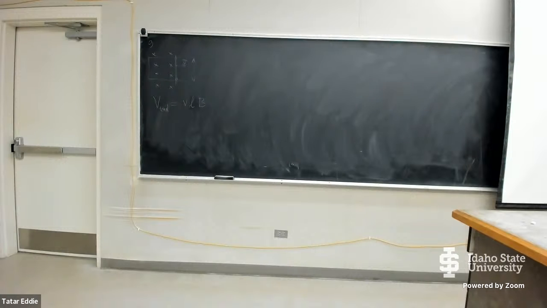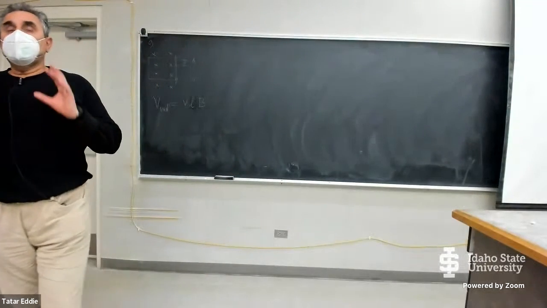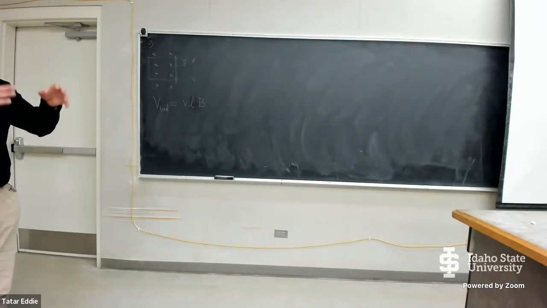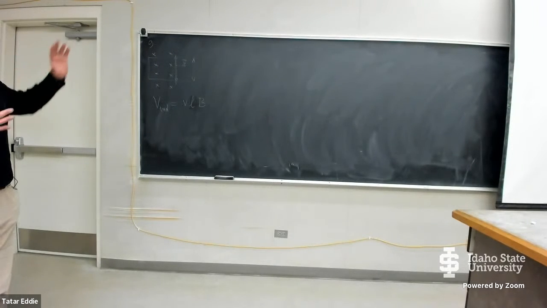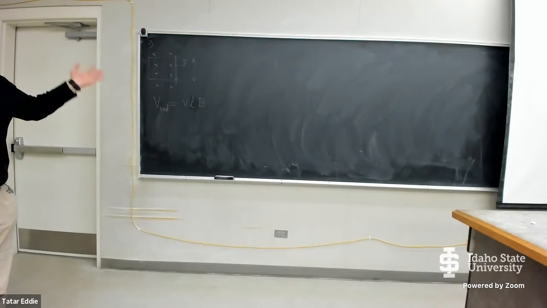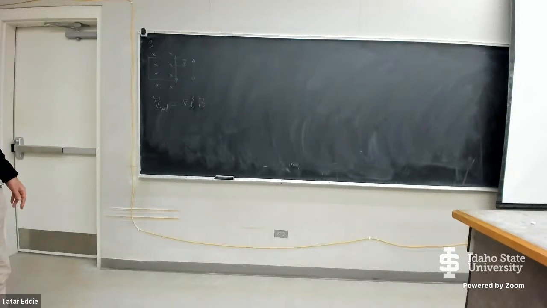We managed to rewrite this expression in a way that is independent of the geometry, independent upon the shape of the loop, instead of rectangular, arbitrary shape, and instead of uniform magnetic field, arbitrary magnetic field in any direction you want.